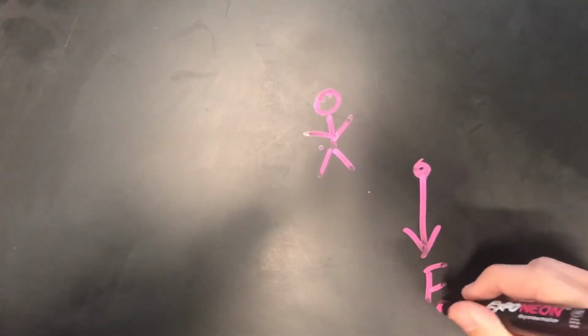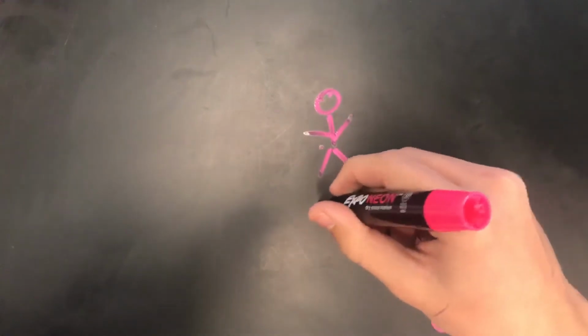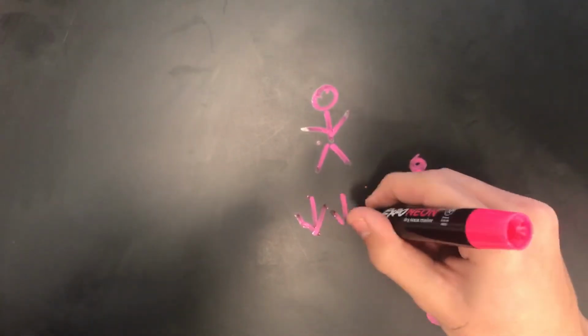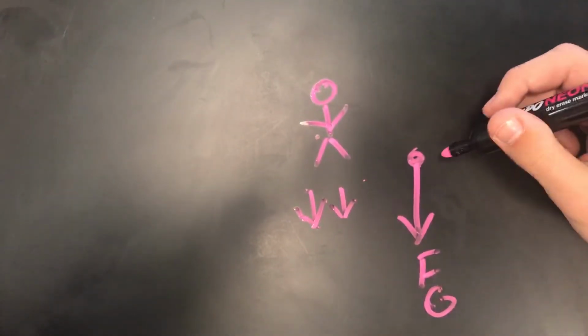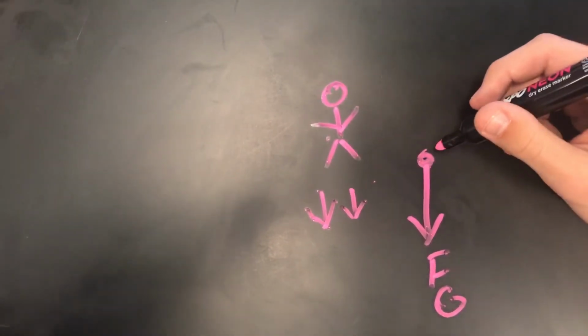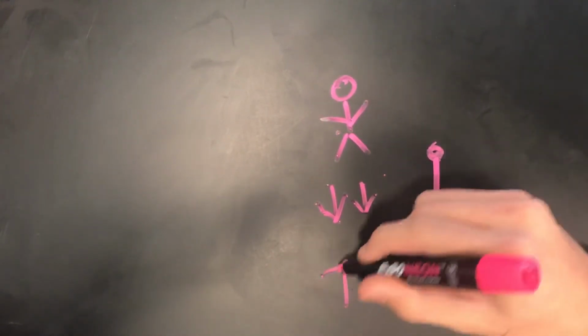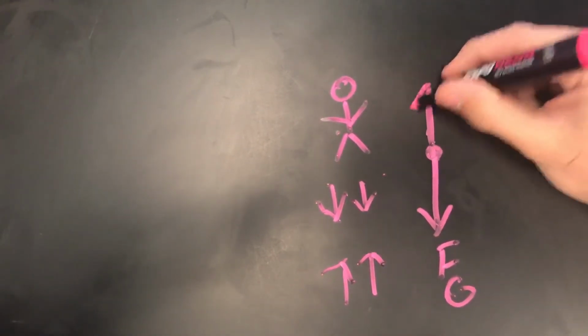This is our gravitational force, and he's falling this way. Once he reaches maximum speed, the drag force, which is the air resistance going this way, will balance out and make it equal.